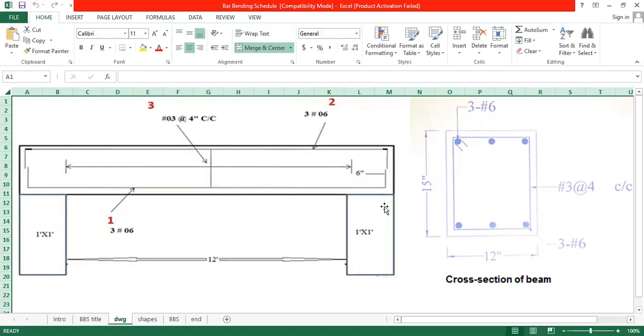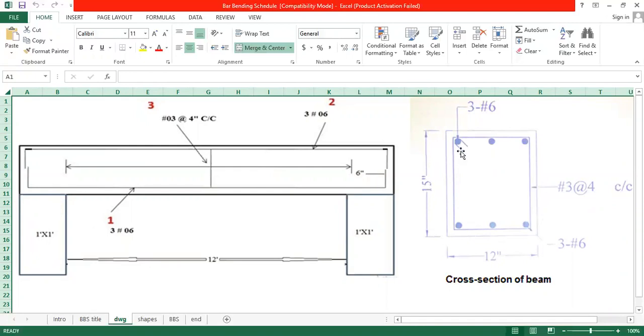That is the cross section of the beam, which is now showing you the bars. At the top you have three number 6 bars, and at the bottom you have three number 6 bars. This is a steel stirrup which is fixed at 4 inches center to center. That is the width of the beam, 12 inches, and the depth of the beam is 15 inches.